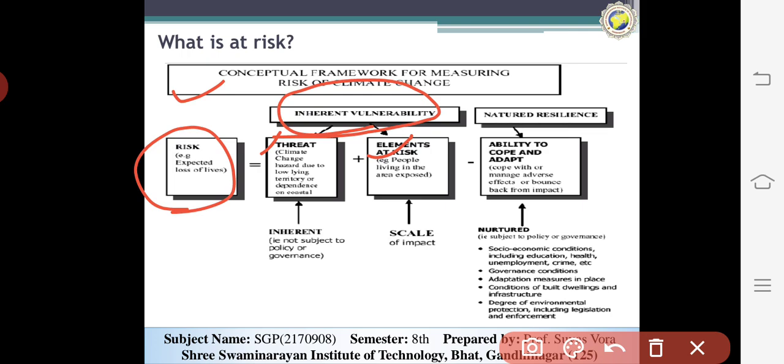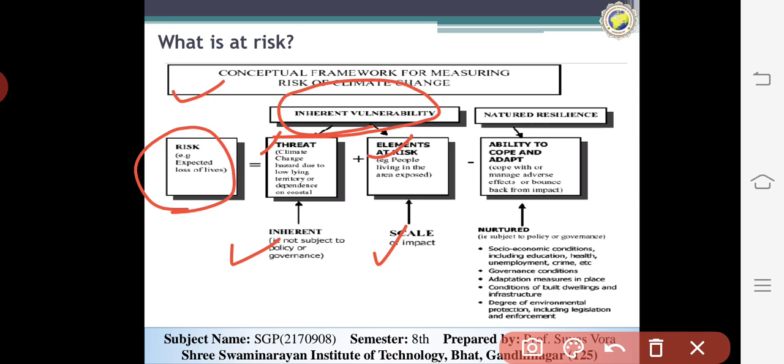If I consider the threat, it means the climate change hazard due to the low-lying terrain, which is called inherent, not subject to policy or government governance. Then we consider the elements at risk, which is the people living in the area exposed. This is called the scale of the impact.